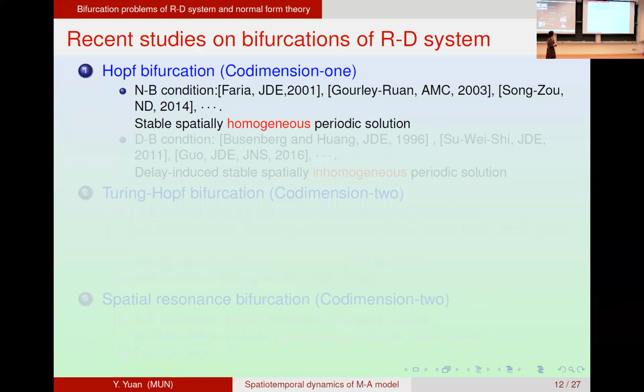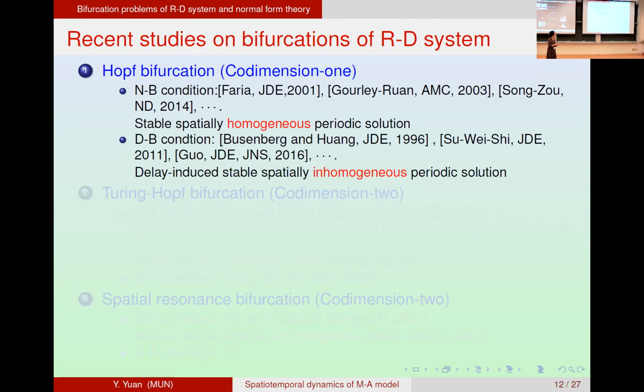For the Neumann boundary condition, many people work on the existence of stable spatially homogeneous periodic solutions for Hopf bifurcation. With the diffusion condition, which we know is different, there is some work, even including delay in the model.